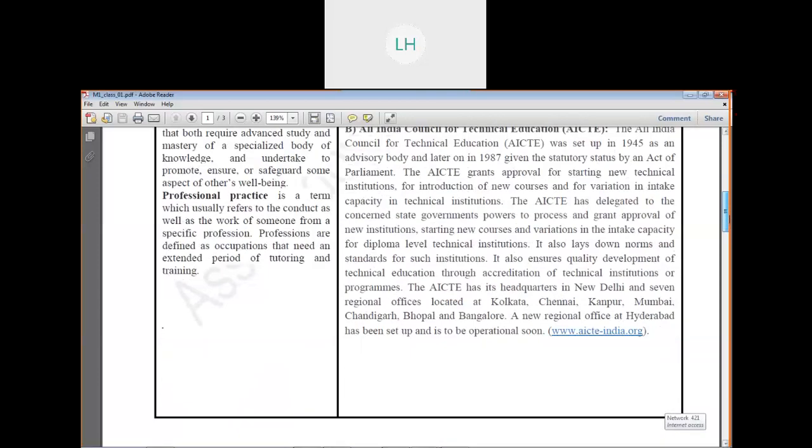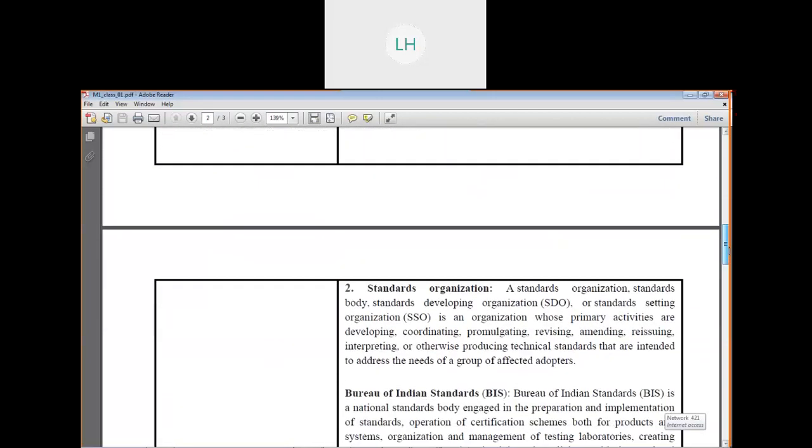After that, let's discuss standard organizations. What do you mean by a standard organization? What are the objectives of a standard organization? By definition, a standard organization, standards developing organization, or standard setting organization, is the same thing.